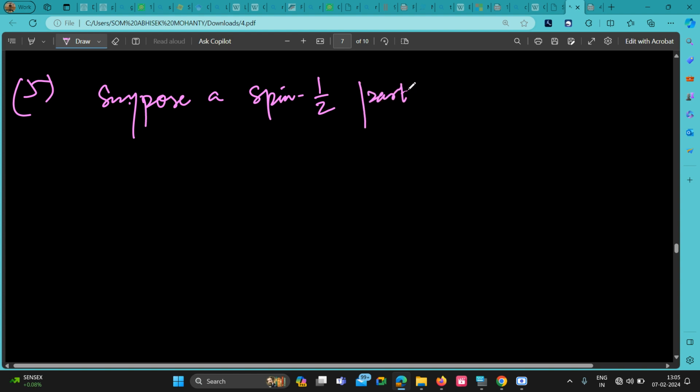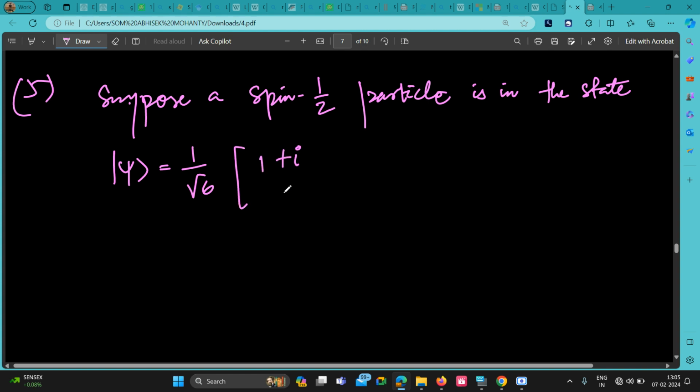Okay, so question number 4, question number 5. Now suppose a spin half particle is in the state psi is equal to 1 by root 6 (1 plus i, 2).